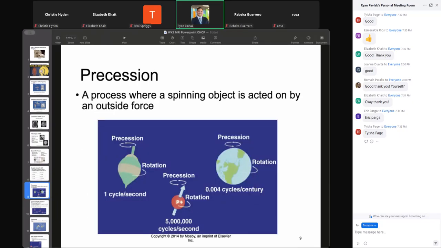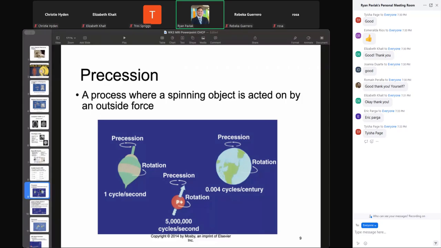So a few of the terms that you will hear if you go into MRI is precession. So what is precession? Precession is just where a spinning object is acted on by an outside force. So if you took a top and you spin a top, eventually it's going to fall over, right? The reason that it falls over is because of gravity.